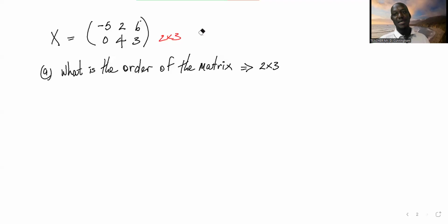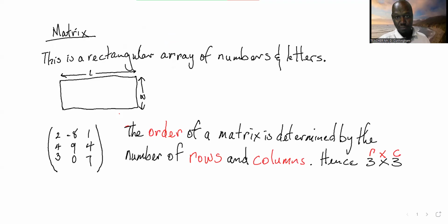It's a rectangular array of numbers or elements. Or letters, numbers, letters, we call them elements.